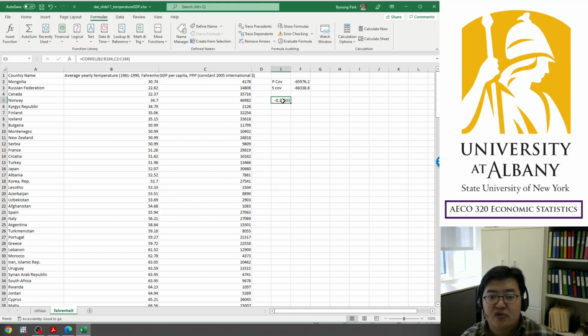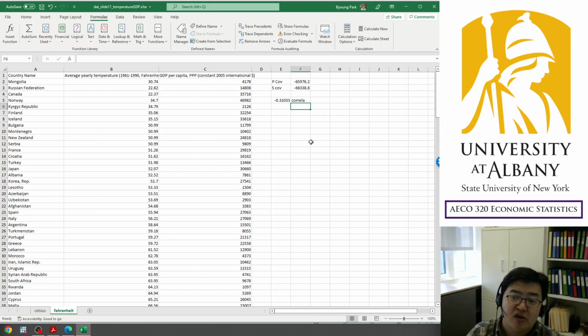So if you calculate that, the correlation coefficient equals minus 0.31. So in the full data set, the relationship is still negative, but the strength of the correlation becomes much weaker. It's around 0.3, which is much closer to 0 than minus 1.